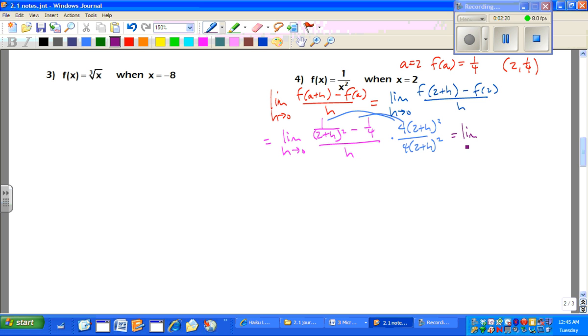So we get the limit as h approaches 0. The 4 times 2 plus h squared over 2 plus h squared, the 2 plus h squared cancel out, so all we have left there is 4. Minus, here the 4's cancel out when we multiply this by 1/4, and all we have is the 2 plus h squared. On the bottom, we have 4h times 2 plus h squared.